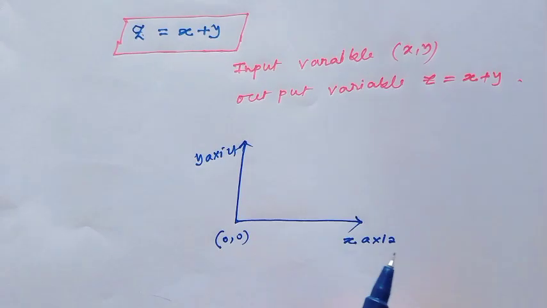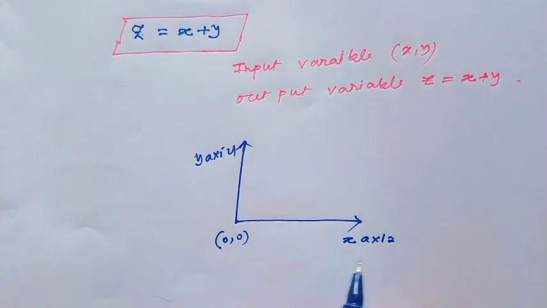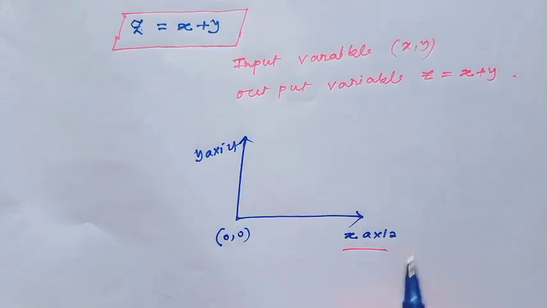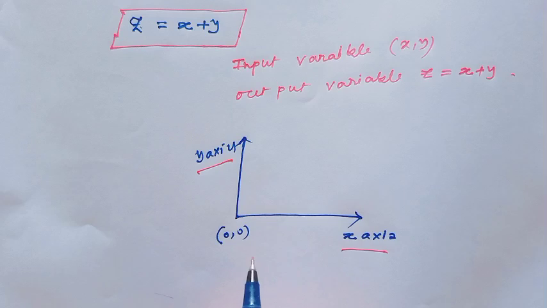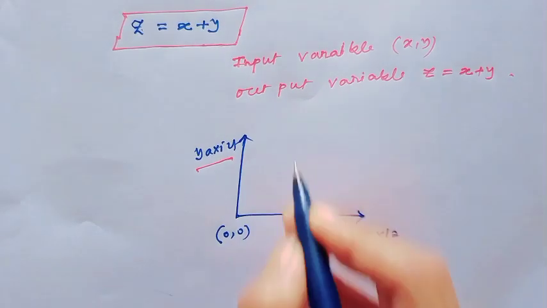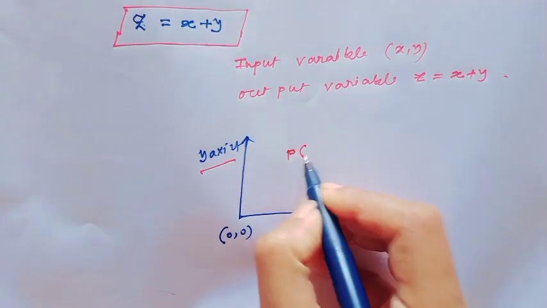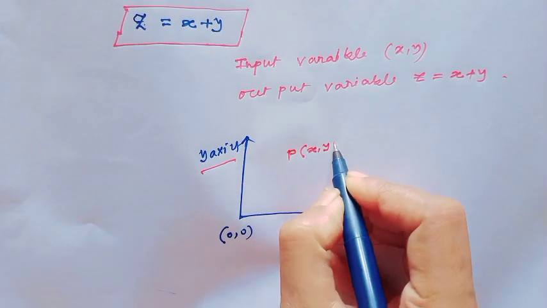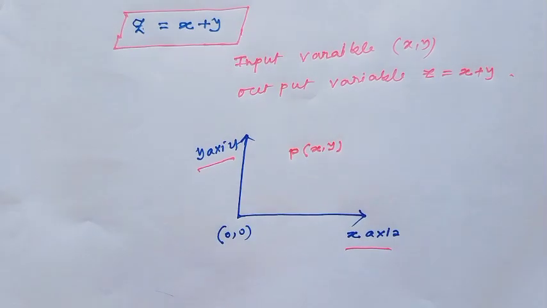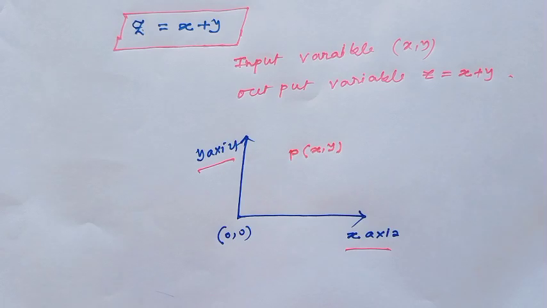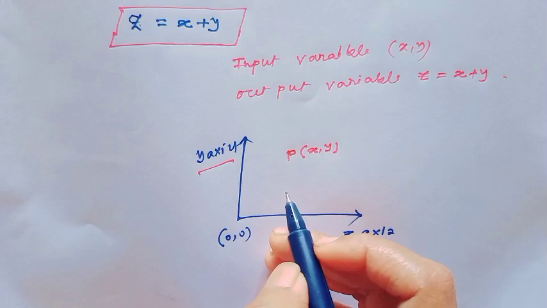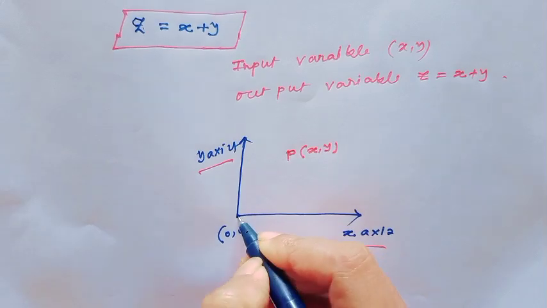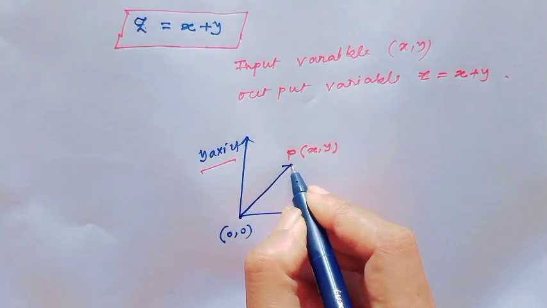If we consider this geometry, this is the x-axis and this is the y-axis and this is the point (0, 0). Then any point P is represented as (x, y). Here any point (x, y) actually represents a direction.